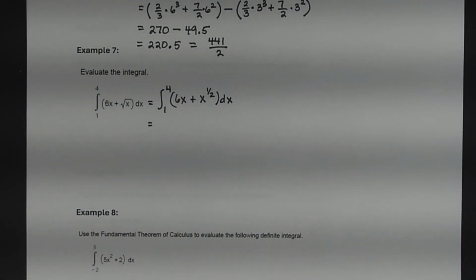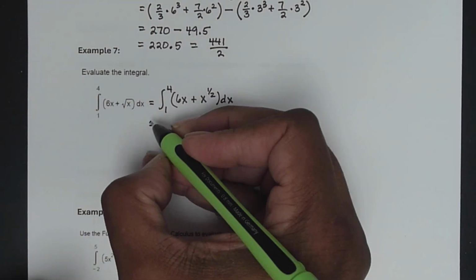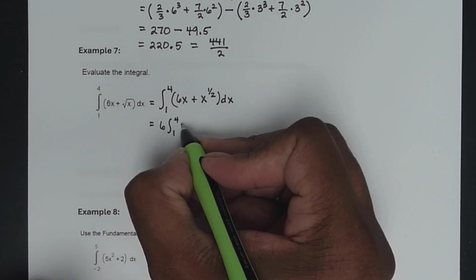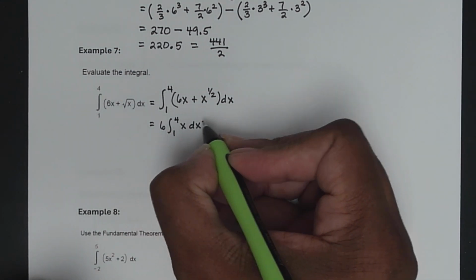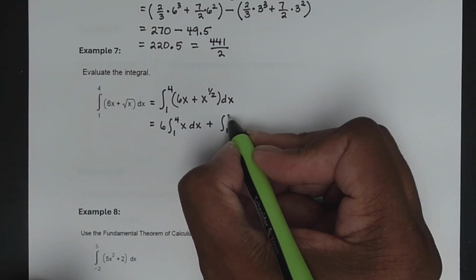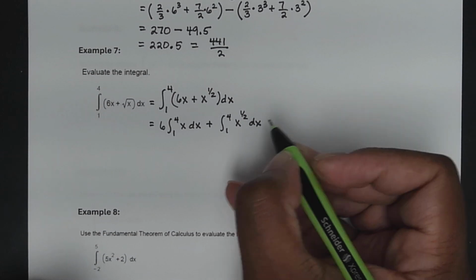Now I'm going to use a combination of the sum rule along with the constant multiple rule. For the 6x, I'll pull the 6 out in front, so it'll be 6 times the integral from 1 to 4 of x dx plus the integral from 1 to 4 of x to the 1/2 dx.